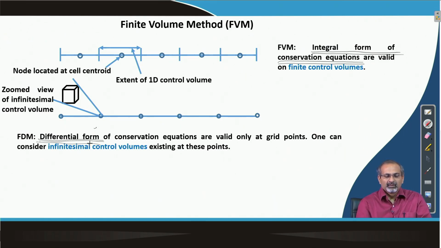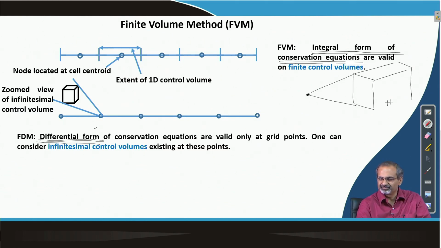Additionally, the finite difference method is closely connected with infinitesimal control volumes, and therefore, we try applying the finite difference method to distinct grid points, while the finite volume method, because it has an integral approach, instead of a grid point, we scale it up to a volume which has finite dimensions. Note that it no longer has infinitesimal dimensions.